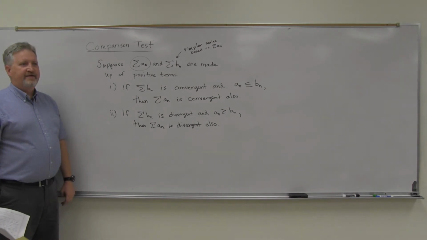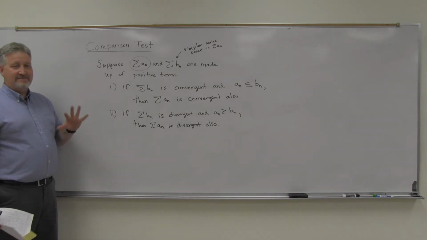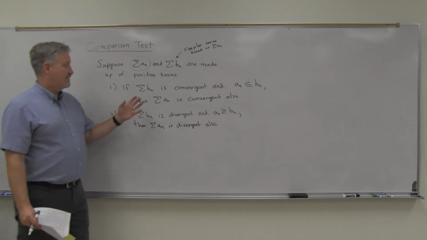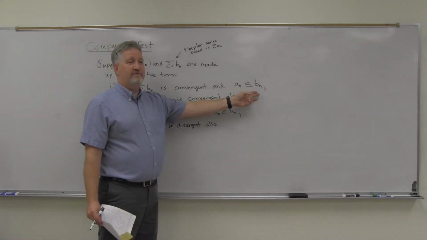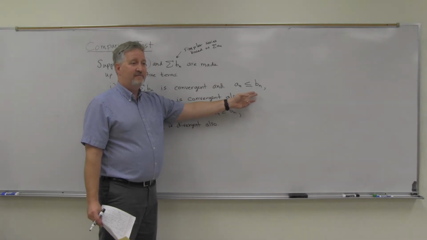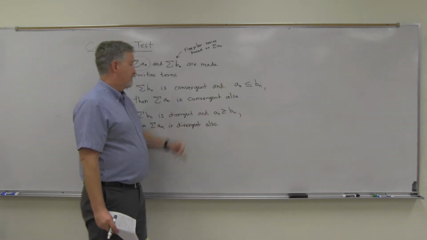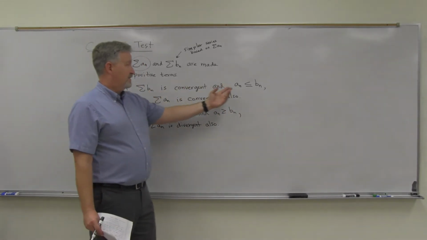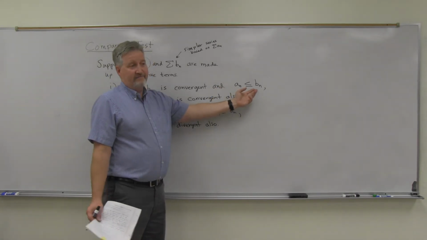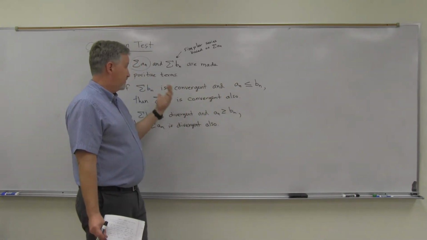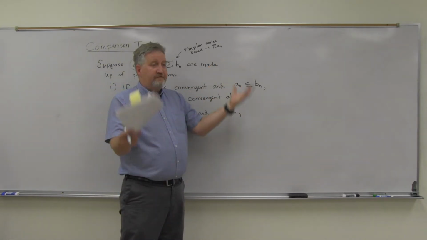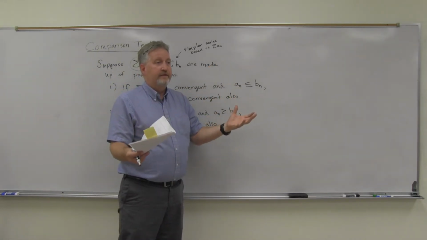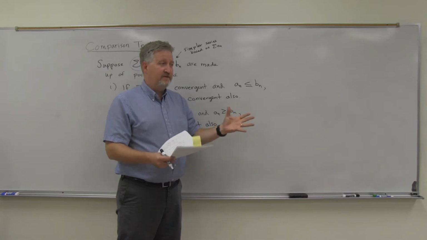Okay? Now, you can't mix and match here. All right, let's say we've got b sub n's convergent, but the a sub n's are greater than the b sub n's. Is that going to tell me anything? No. b sub n's convergent and a sub n's bigger than the b sub n's. You could still have a sub n convergent, but you also could have a sub n being infinitely large. That would be bigger. So you see what I'm saying? You can't mix and match here.